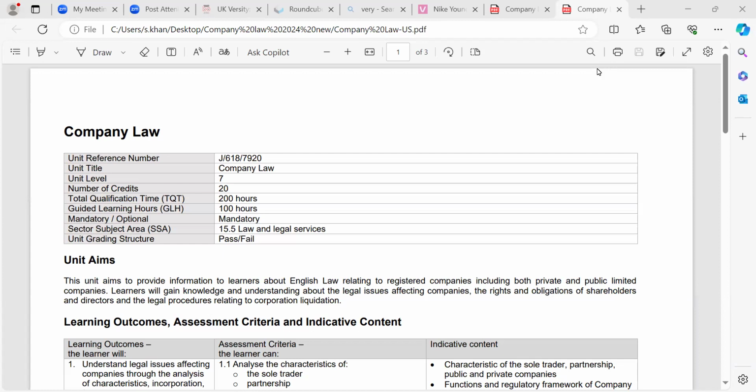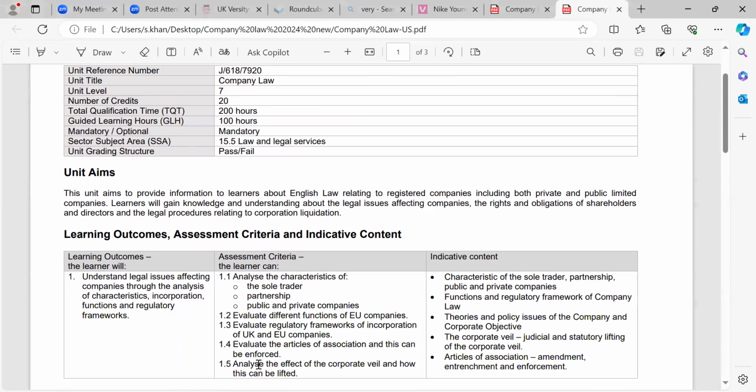So now I'm going to go into learning outcome 1 and quickly go through what each learning outcome is so you have a better idea before going into the assignment brief. Learning outcome 1 is to understand legal issues affecting companies through the analysis of characteristics, corporation functions and regulatory frameworks.